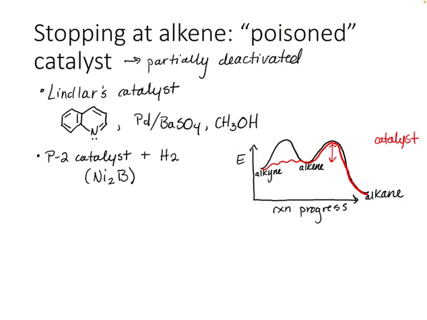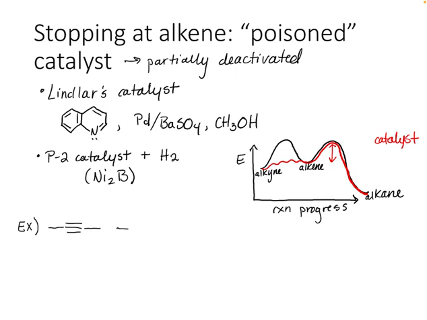All right, so let's show what would happen if we performed a reaction where we reduce the triple bond and stop at the alkene. So we've got our triple bond, and this is the same molecule we saw before.